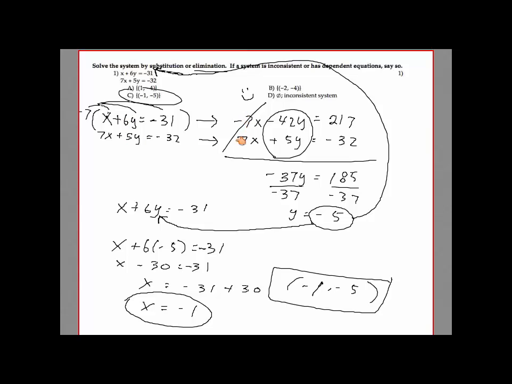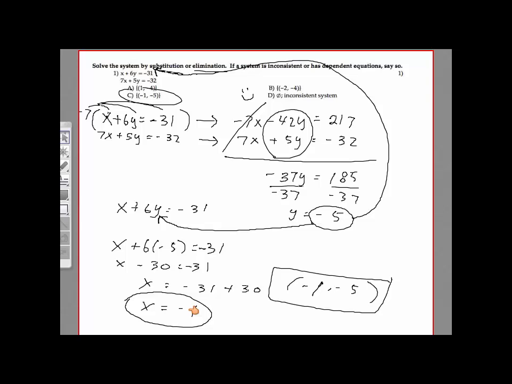So you don't touch the bottom one, because once I multiply the top row by negative 7, these two become opposite of each other. Do you see that? Okay, yes, I do. And then when I add these two rows, negative 7x plus positive 7x is 0, it's gone. So now you only have one variable to solve for, which is y. Once you find y, you just plug it back into either of those two equations. I put it in the first equation. I substitute y equals minus 5, and you solve for x.